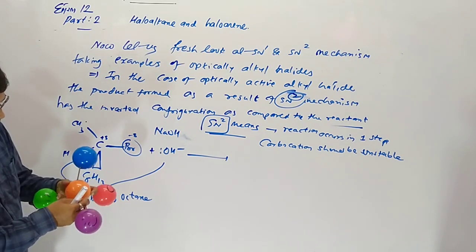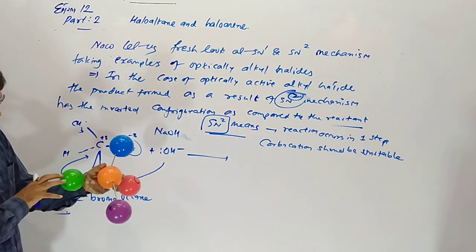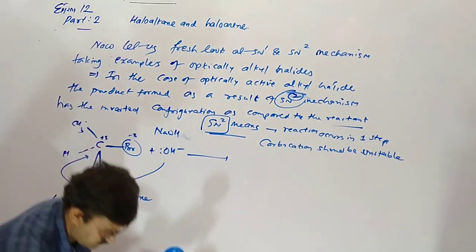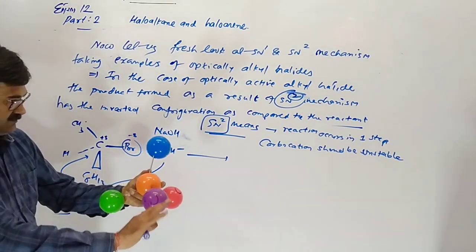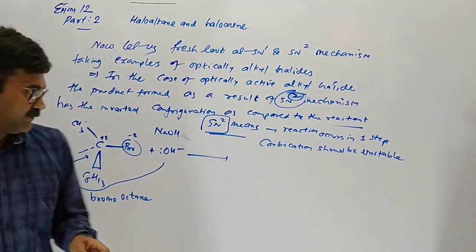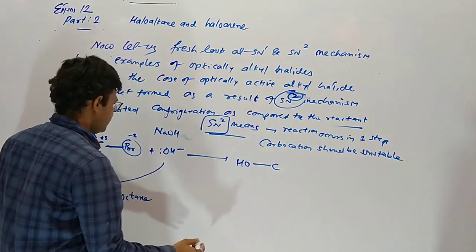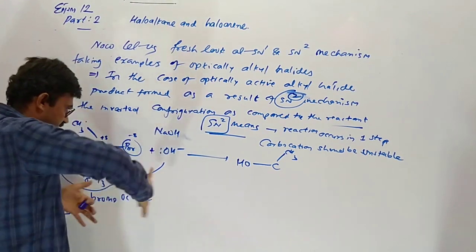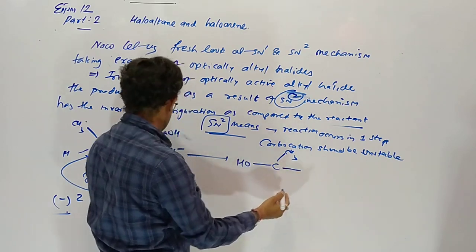Now OH is totally entered, and CH3, H and Br are now in the opposite direction. That is called inversion. An inverted product occurs.